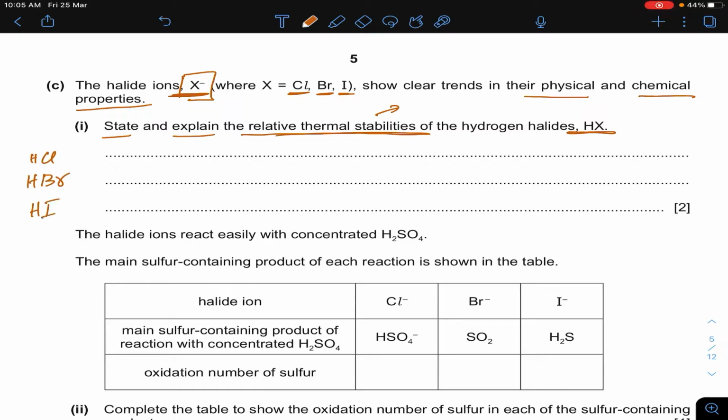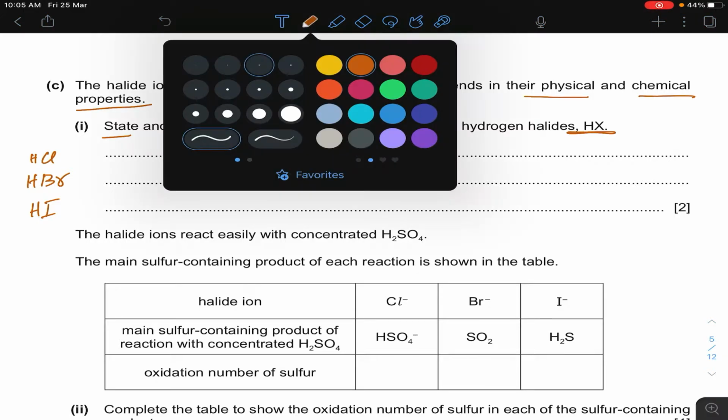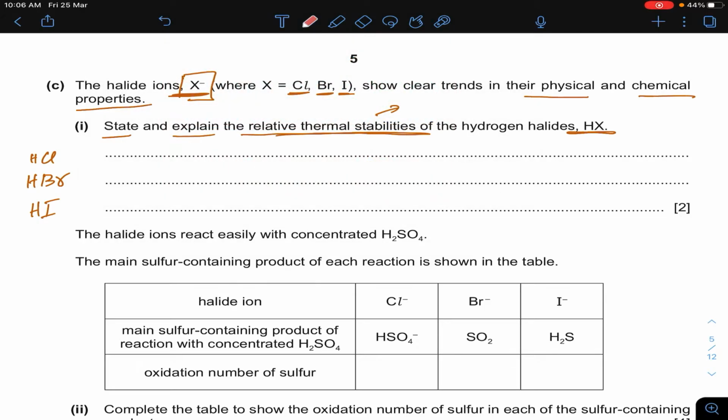HBr, HI. I hope you know that thermal stability depends on the bond length or bond energy. As we go down, the atomic radius of group 7 elements increases. And as the atomic radius increases, the bond length increases. When bond length increases, it becomes easier to break the bond.